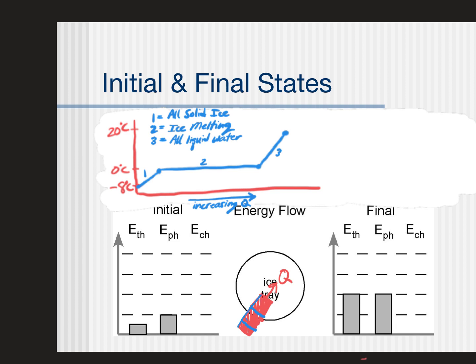So this is what we just put into the tray of ice. And that's it. We not only melted ice, but we warmed up the ice, and then we took the melted ice and added energy to get it up to 20 degrees Celsius. So that is our LOL diagram, and that's where I'm going to leave it now, okay?